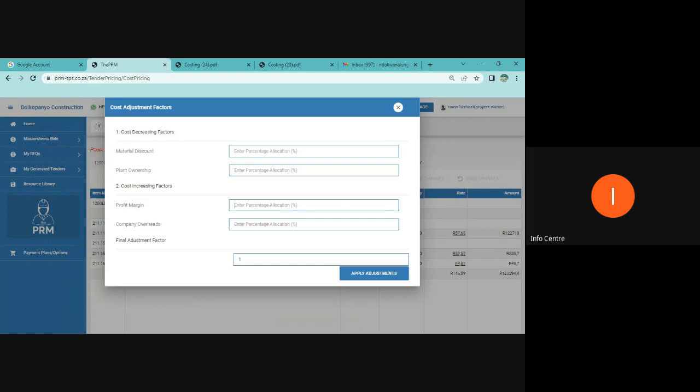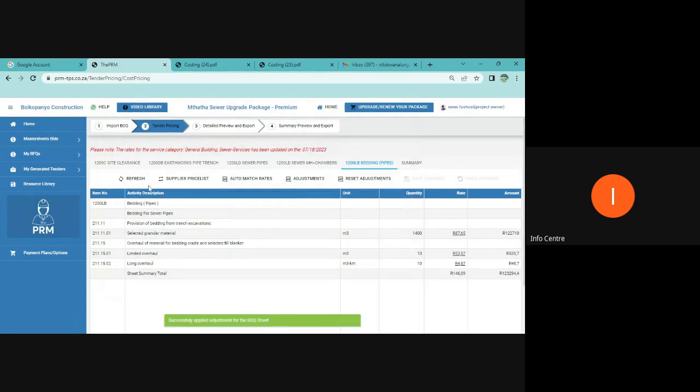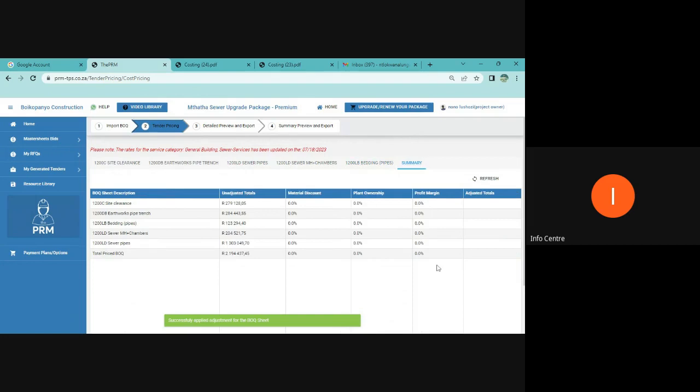Adjustment again. Then it's 8. Then it's 10. Then I refresh. Then it's updated. Now, if you go back here, you click on refresh, you can now see here are your unadjusted rates, and here are your adjusted rates.